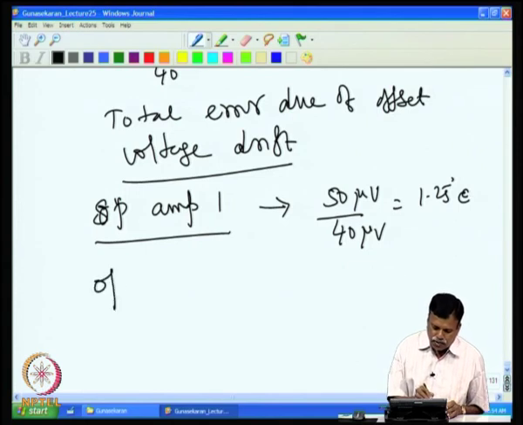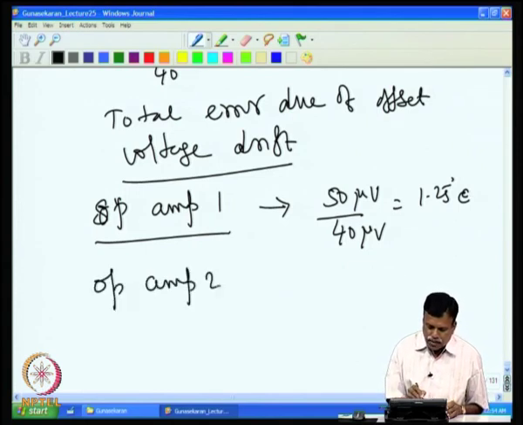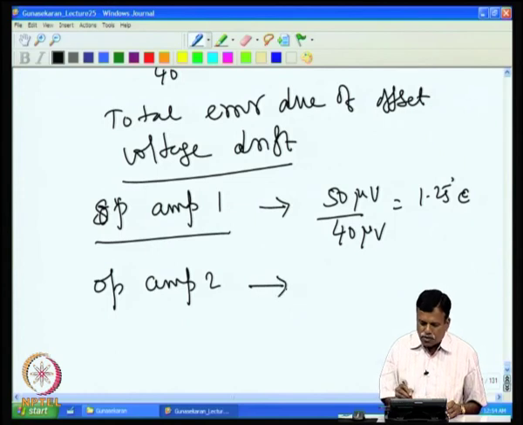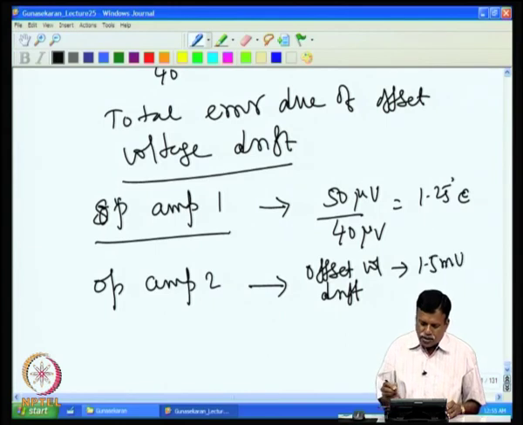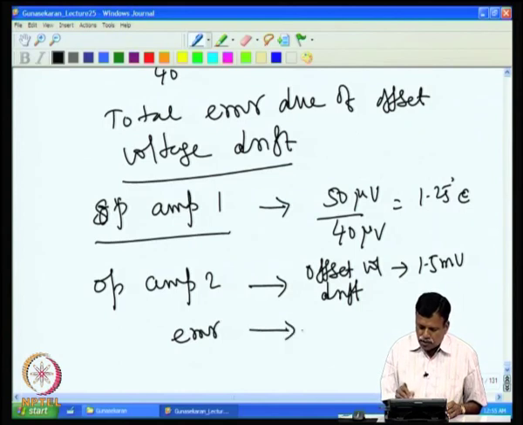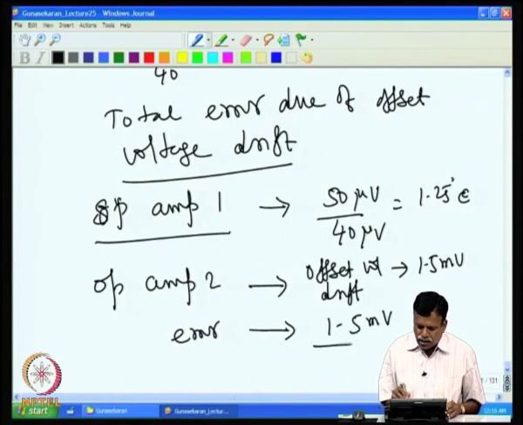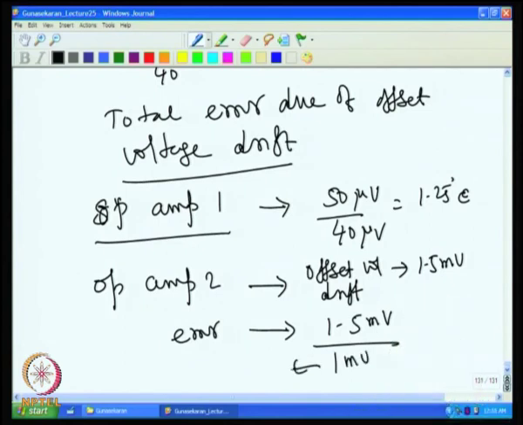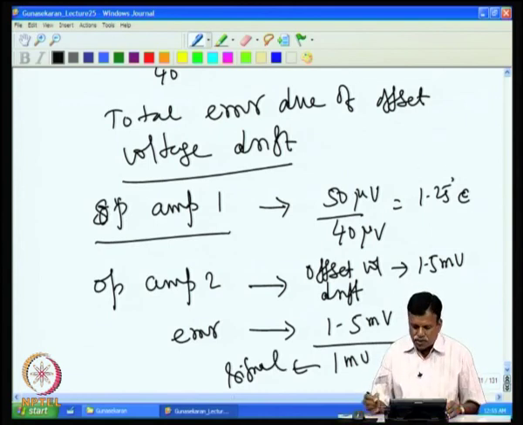Op amp 2, if I use a normal op amp, the total offset voltage drift comes out to be 1.5 millivolt per 100 degree C. So, the error in this stage turns out to be 1.5 millivolt, and the signal at this stage is 1 millivolt per degree C. Signal, because 40 microvolt amplified by 25 times gives you 1 millivolt.